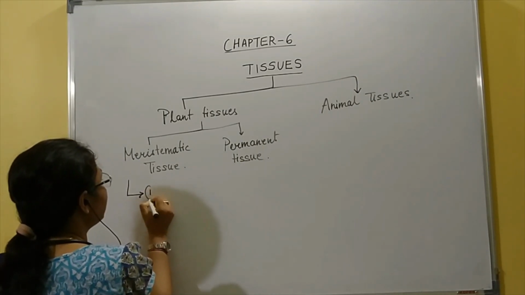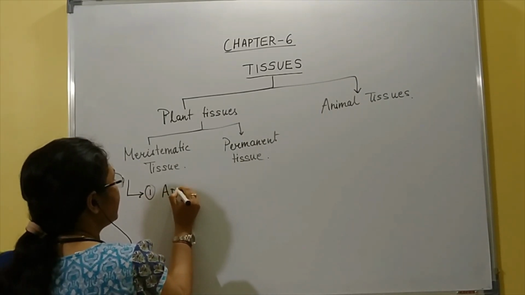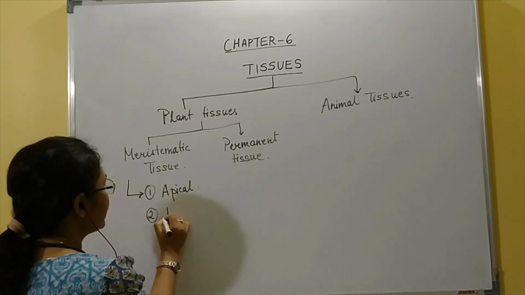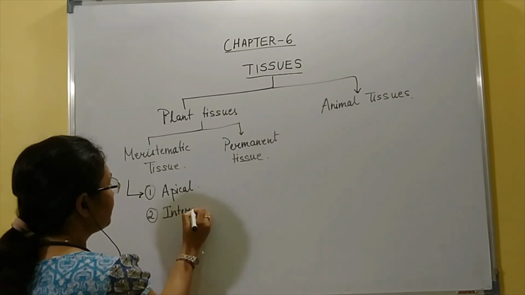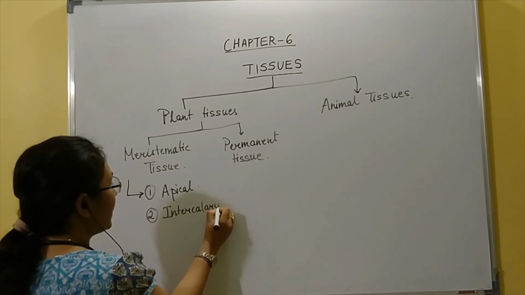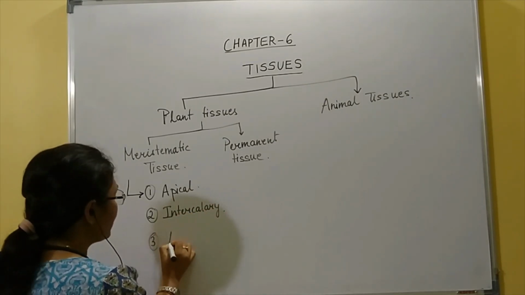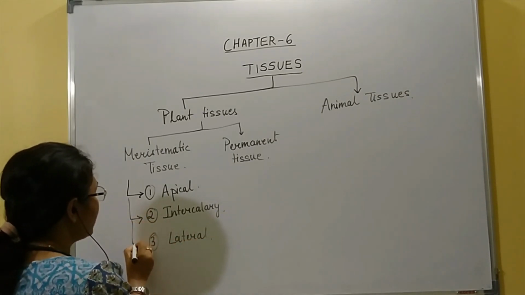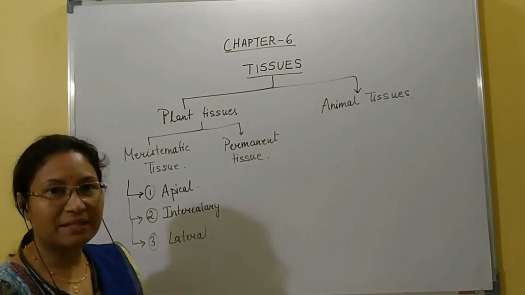The first one is the apical meristem, the second one is called the intercalary meristem, and the third one is called the lateral meristem. So these three are the categories of meristematic tissue.